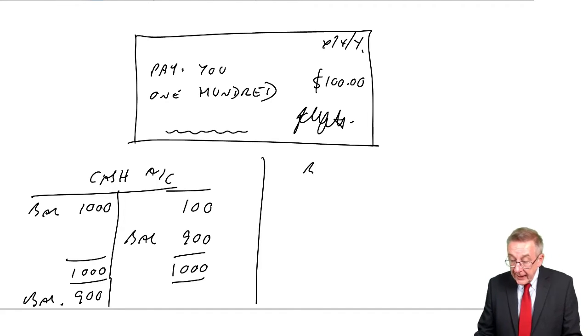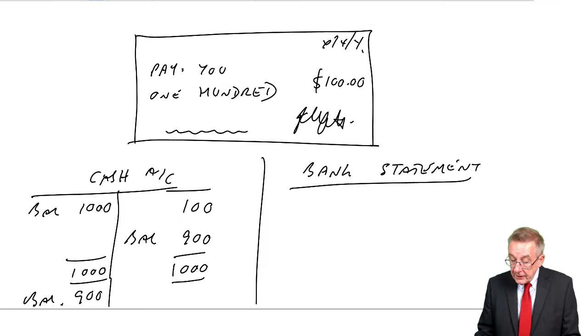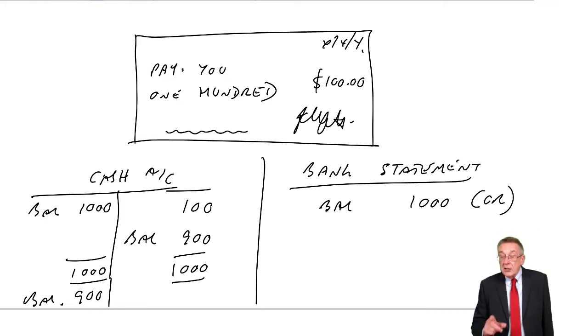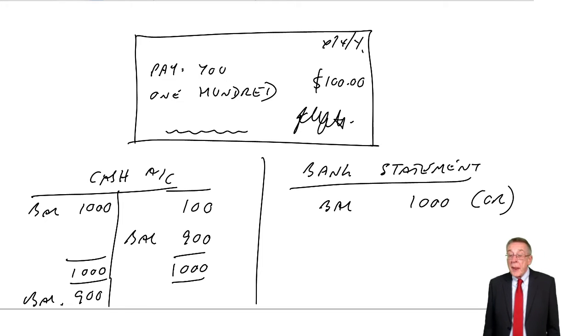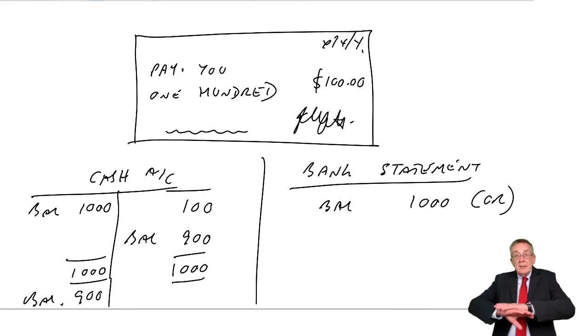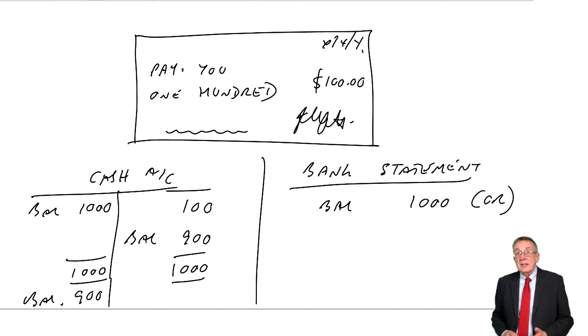And so, my bank statement, I had 1,000, so it showed a balance of 1,000. Remember, it would show a credit balance. 100 is going to leave the account, and it will go down to 900. But for all the reasons I said, the time the cheque's in the post and so on, maybe for a whole week, the bank statement will still show 1,000, even though I've only got 900 left to spend.